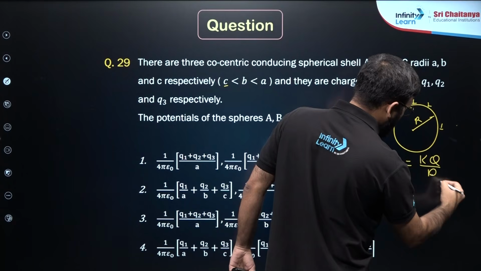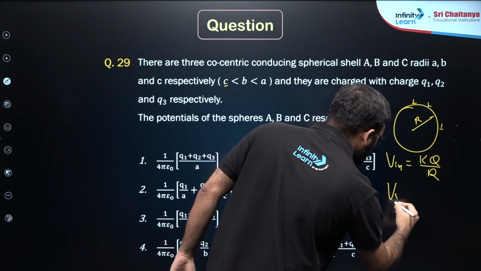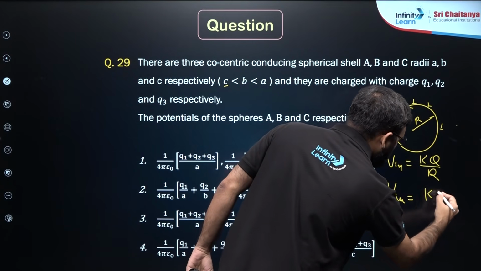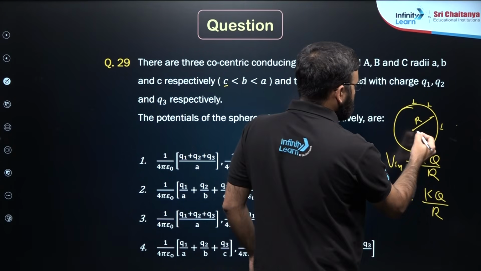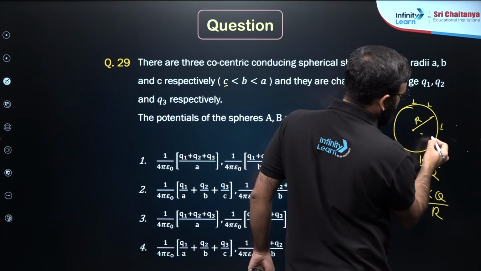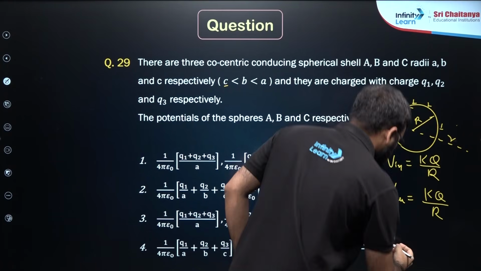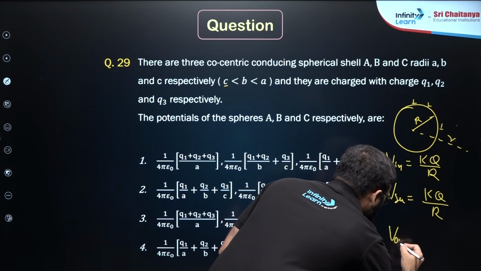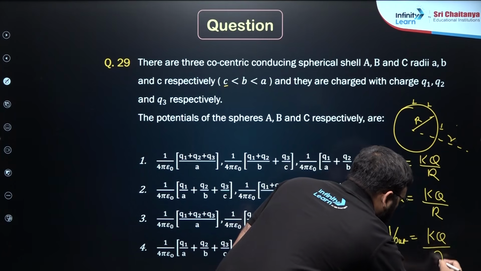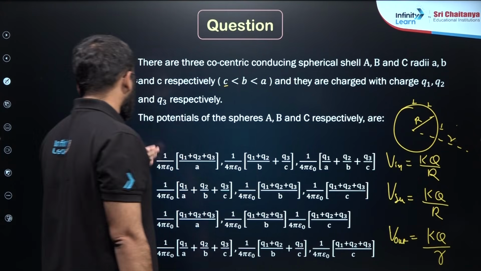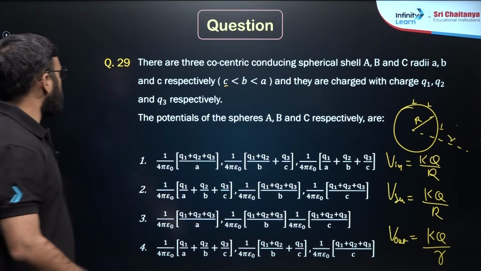KQ upon R. What is it at the surface? KQ upon R. And if I consider a point at distance r from the center, what is V out? KQ upon r. So according to this we are solving this question.